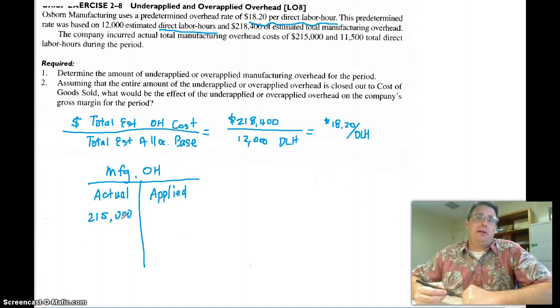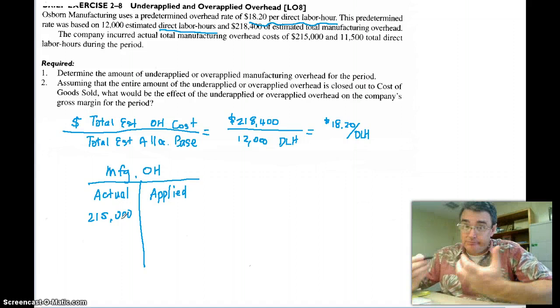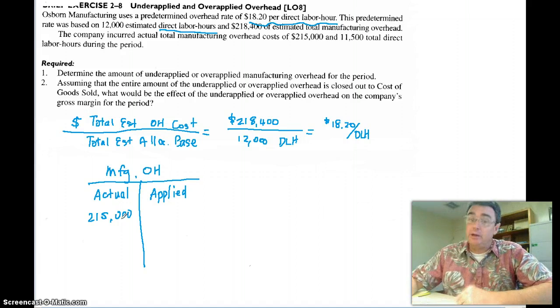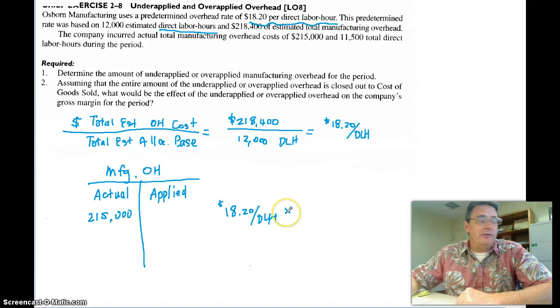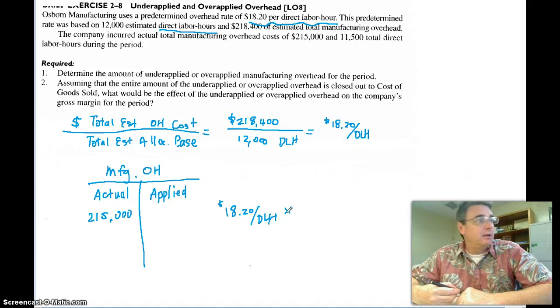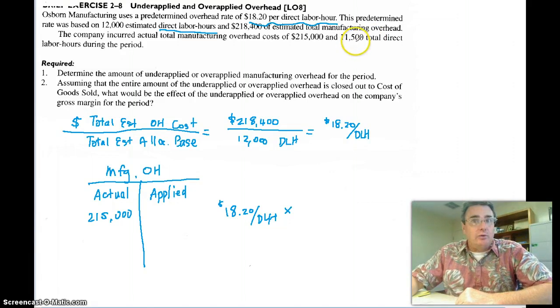How about applied? Do you see the number? You have to calculate the number. Do you remember how to calculate applied manufacturing overhead? You say, well, we need to use the predetermined overhead rate. That's right. That's why we calculated a predetermined overhead rate, so we can use it to apply overhead. So let's begin with our $18.20 per direct labor hour, and we're going to multiply that by actual total direct labor hours during the period.